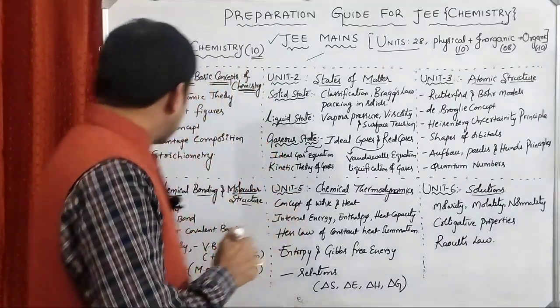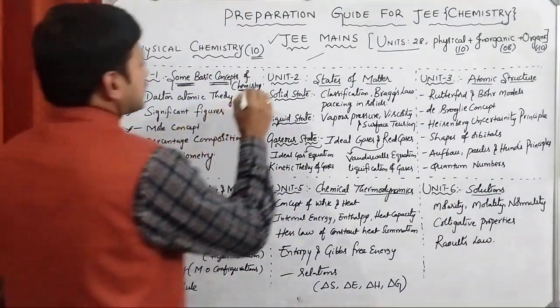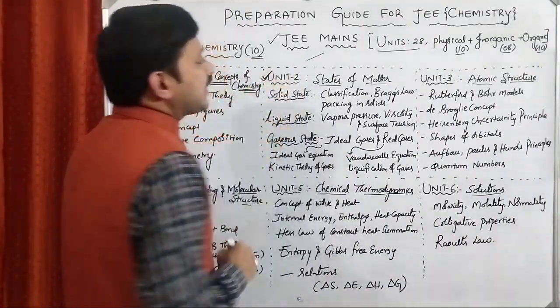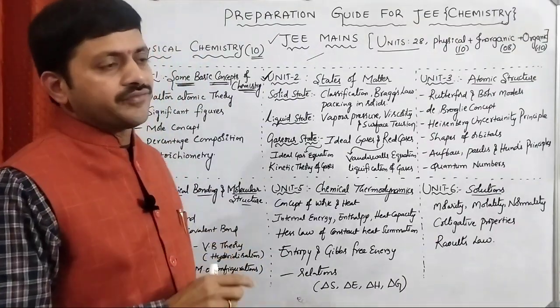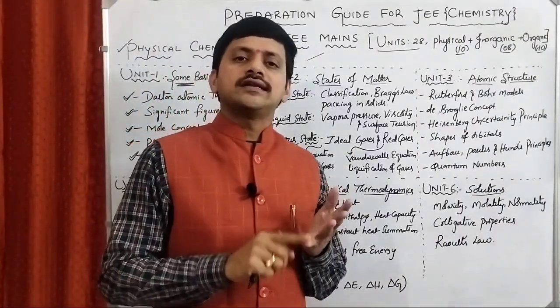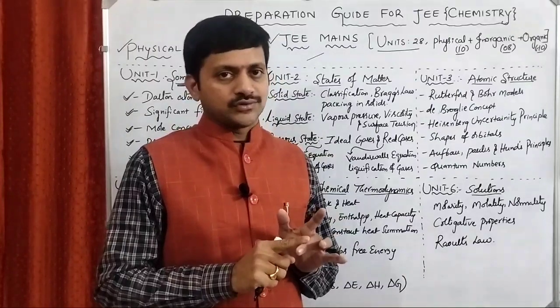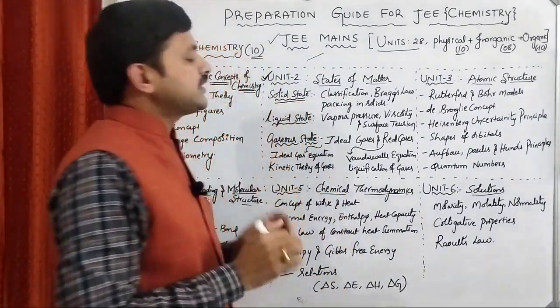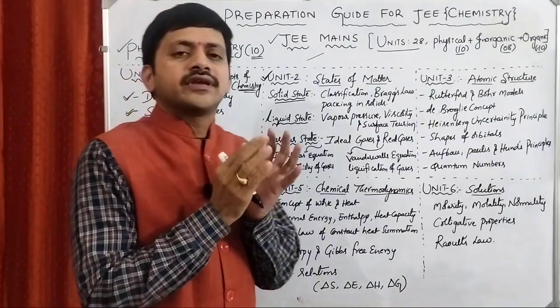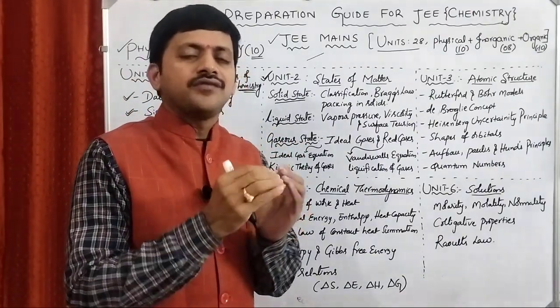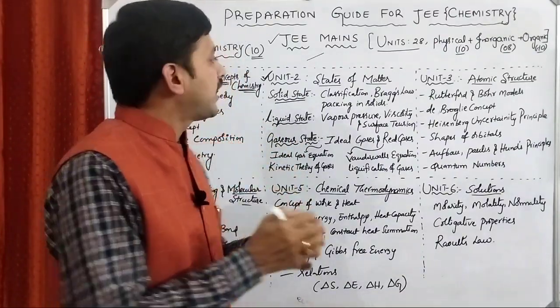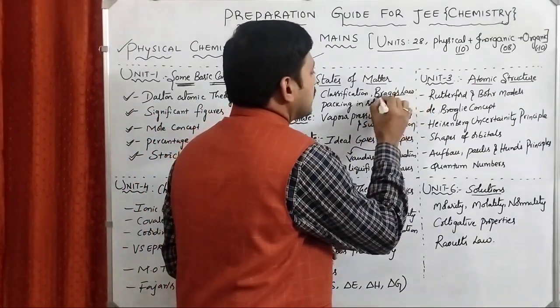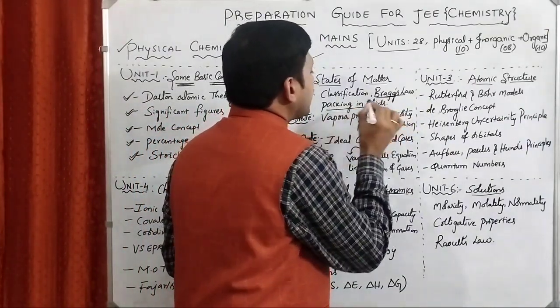Okay. Let's come to the second unit, the states of matter. The name itself indicates states of matter. We have three types: solid, liquid and gaseous states. In case of the solid state, you should have a brief classification of the solids: how we can classify the solids, Bragg's equation, followed by packing in solids.